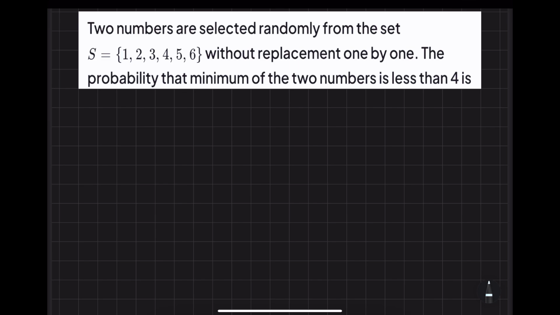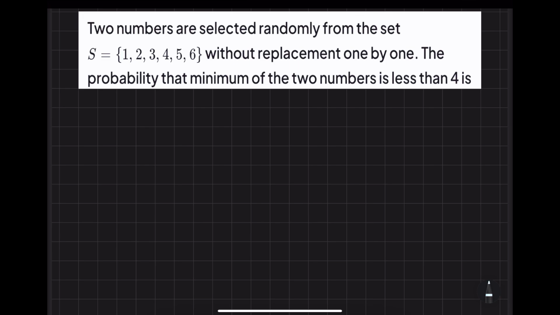Okay, and you have to handpick one by one, means you have to select only two numbers, one number, second number. The probability that the minimum of the two numbers is less than 4. Okay, so if you select two numbers, among those numbers the minimum number should be less than 4 only, then only it is your favorable case.